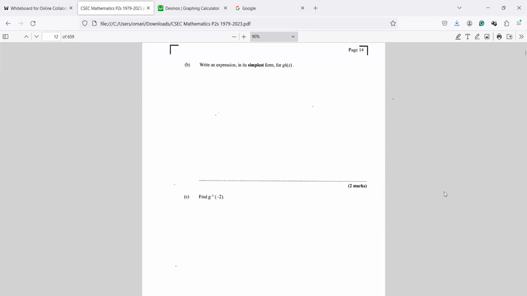All right, so write an expression in the simplest form for GH of x. So it's pretty much the same concept where you would plug in whatever h of x is. So you would basically plug whatever h of x is into what g of x is. So where the x value is, that's where you'll put the other function.